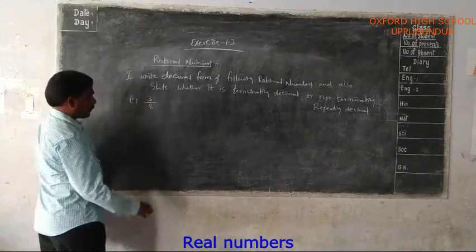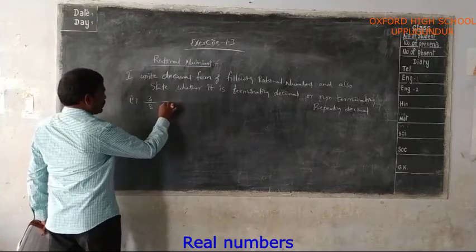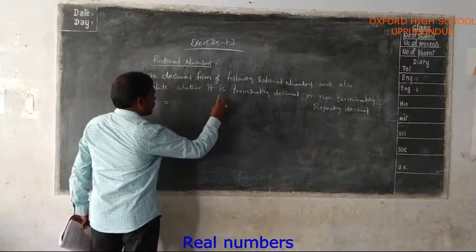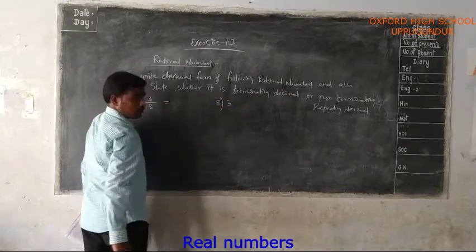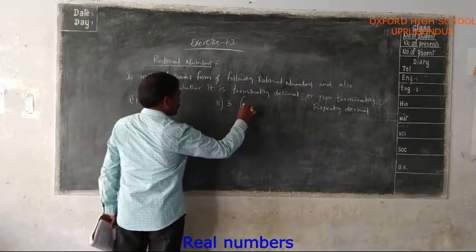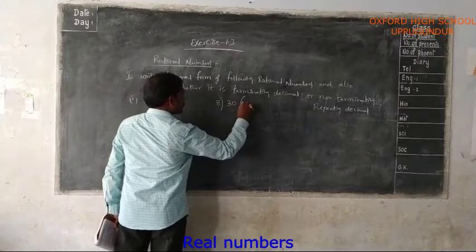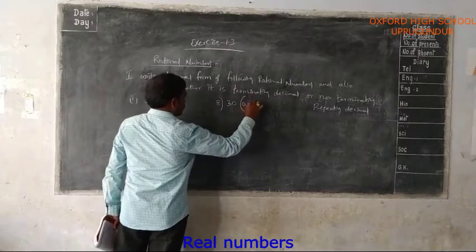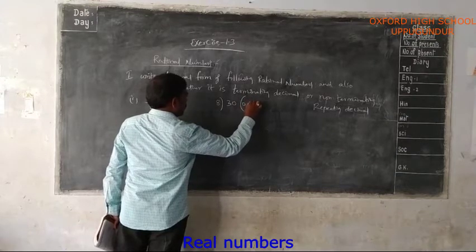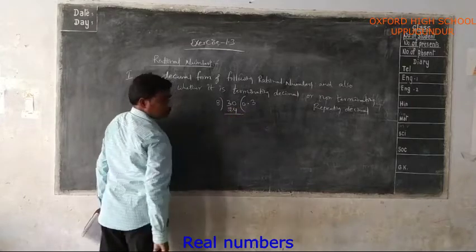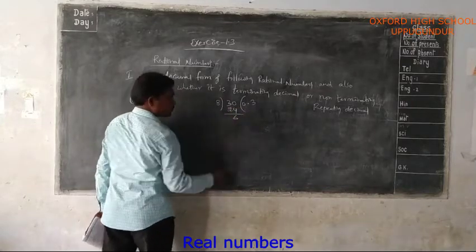First you have to write the decimal form of this 3 by 8. By actual division you have to divide 3 with 8, not divisible. That's why here you have to keep 0, and here you have to keep the point. Eight threes are 24, remainder is 6.